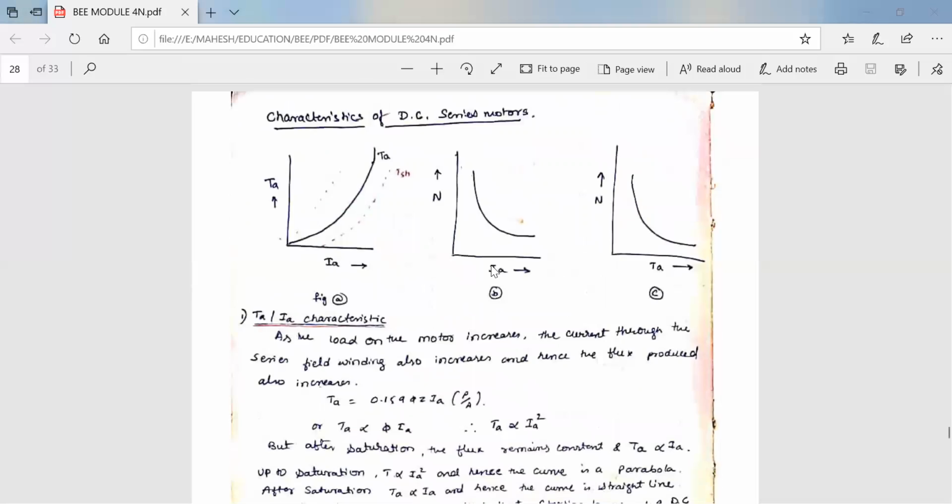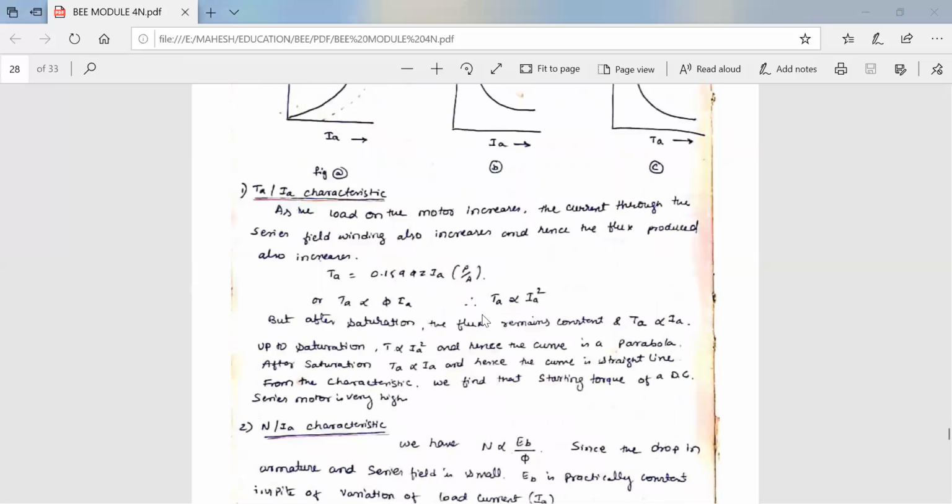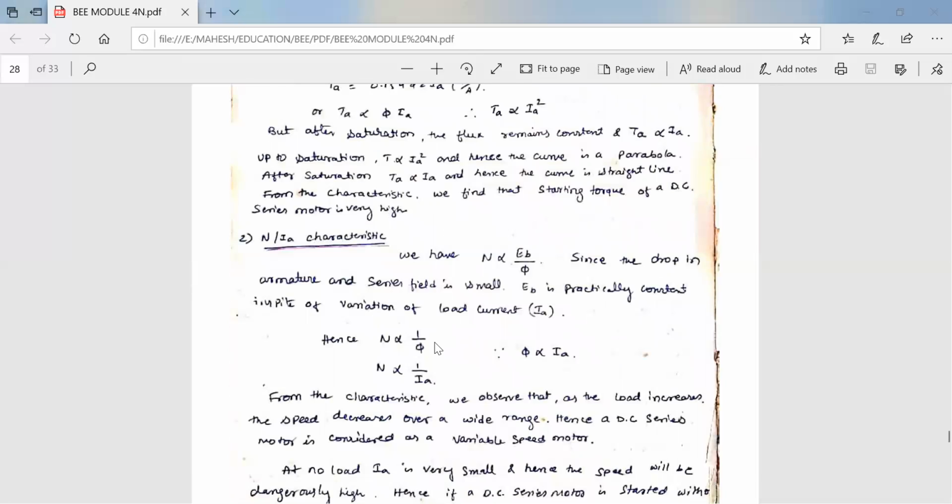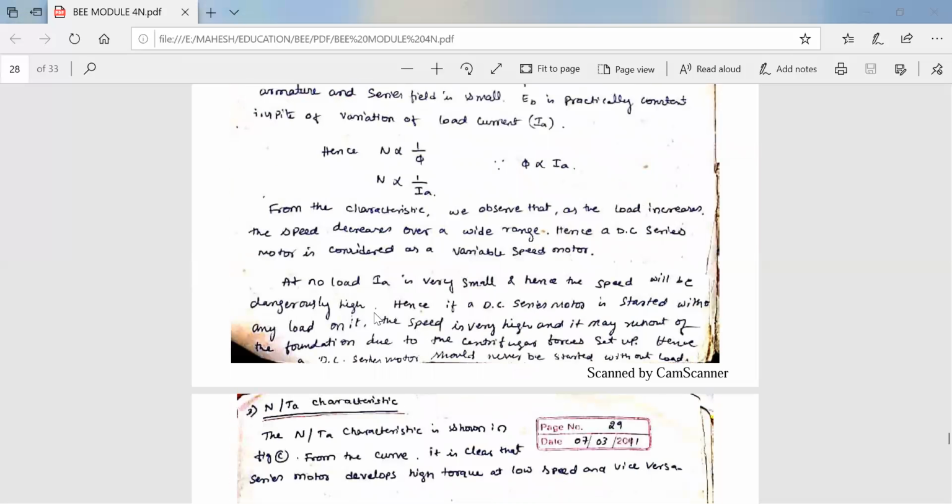The motor should always have about 50% of load, and only then can you start the series motor, or else the motor may run beyond its limited speed. If a DC series motor is started without any load, the speed is very high and hence it may run beyond the standard speed.